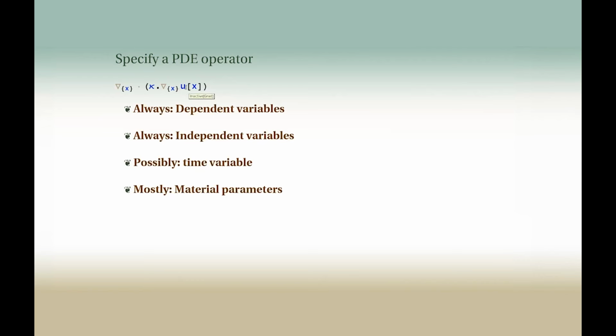In this case, u is the dependent variable, and they always have an independent variable. So x in this case is an independent variable. Sometimes they have a time variable, sometimes they have a frequency variable like omega. Very often they also have material parameters like this kappa here. These are things that we need to consider when we generate PDE models. We need to be able to address these types of components, so to speak.